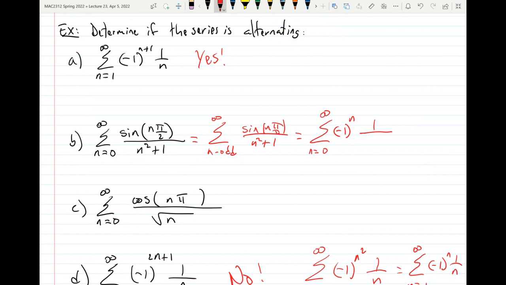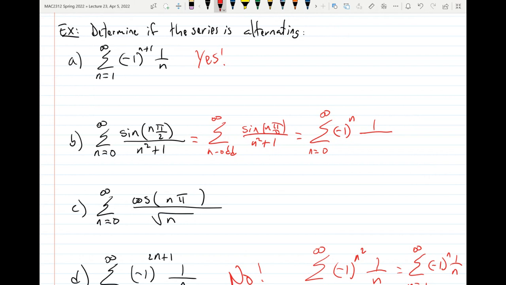If I change from odd to all the numbers, then I need to modify this expression. Because when this is just when n is odd, this guy we already know this is 1, -1, 1, -1. So I just want to write -1 to the n. And because we start at 0, then this -1 to the n takes care of the numerator. Agree? That's going to give me my +1, my -1, my +1, my -1. Now we need to modify this.